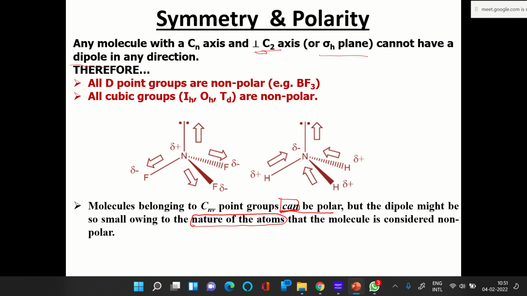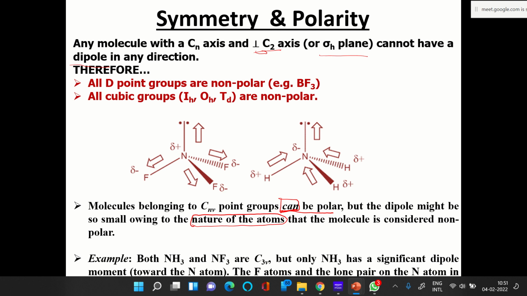The classic example is NF3 and NH3. Both are C3v, but only NH3 has a significant dipole moment. Why? Because in NH3, between H and N, positive and negative, this is the dipole direction.